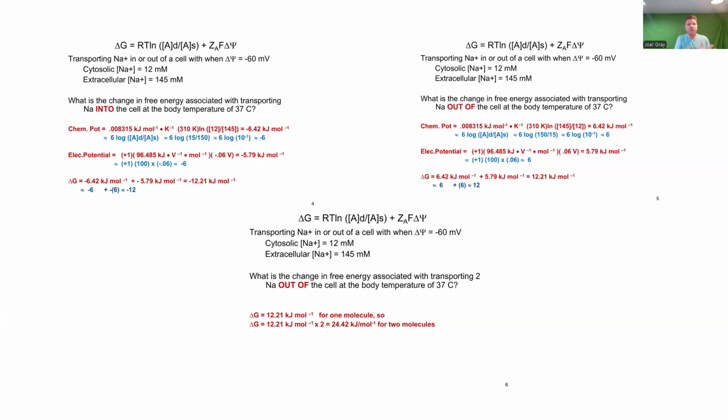Is this favorable from a chemical potential difference? Is this favorable from an electrical potential difference? These formulas are intimidating. They can be a little bit overwhelming. But if you break it down into individual pieces, then you can say, oh, well, this is favorable from a chemical perspective, but not an electrical potential difference.